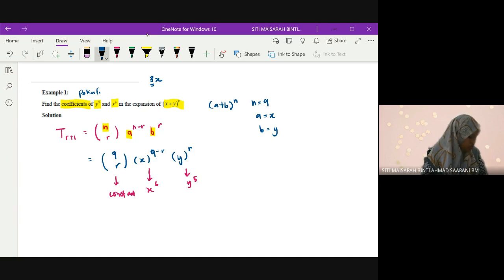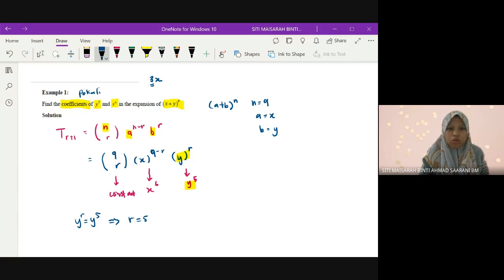Okay. Kalau kita tengok, kita compare untuk part yang ini dengan yang ni. So, jadi kat sini kita akan dapat, kalau kita compare ni lah, dia akan dapat y power r equals to y power 5. So, then awak punya r is 5. Okay.